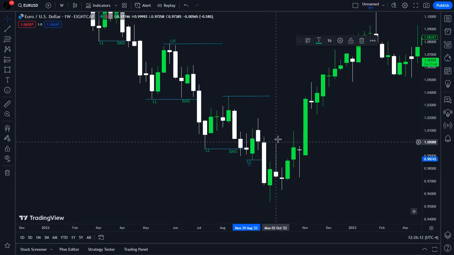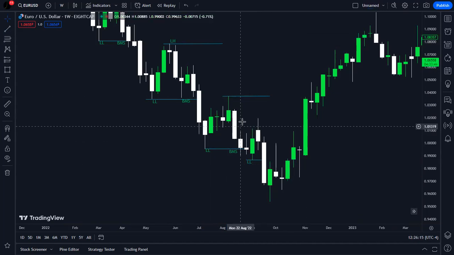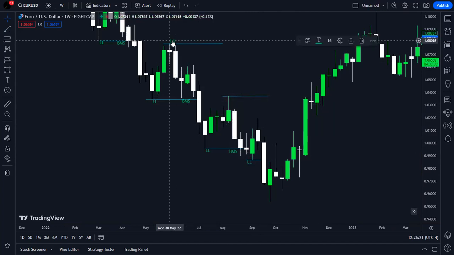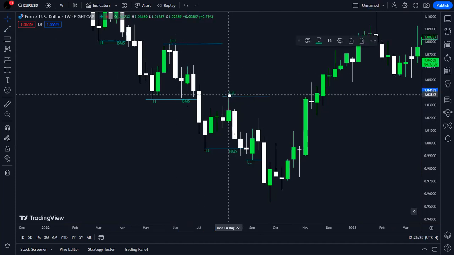So our current dealing range is between this lower high and this lower low. This lower high here, this lower low.